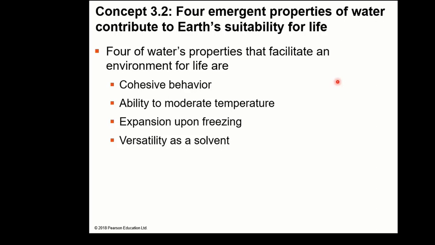the sustainability of life on Earth has resulted from four emergent properties of water. The four properties that facilitate an environment for life are cohesive behavior, the ability to moderate temperature, expansion upon freezing, and versatility as a solvent.